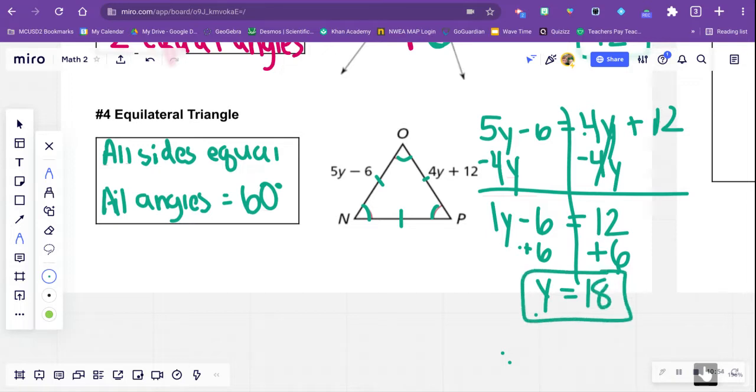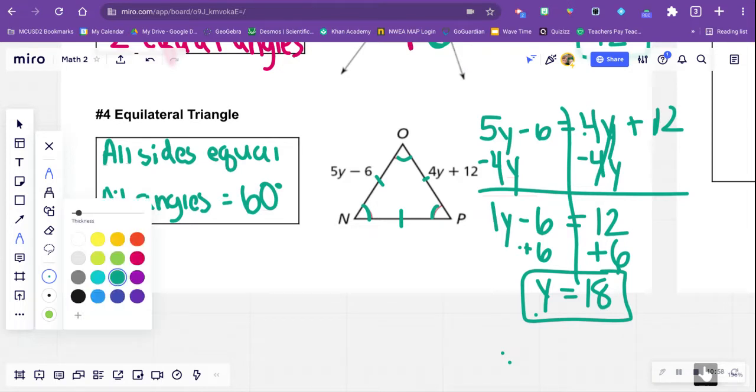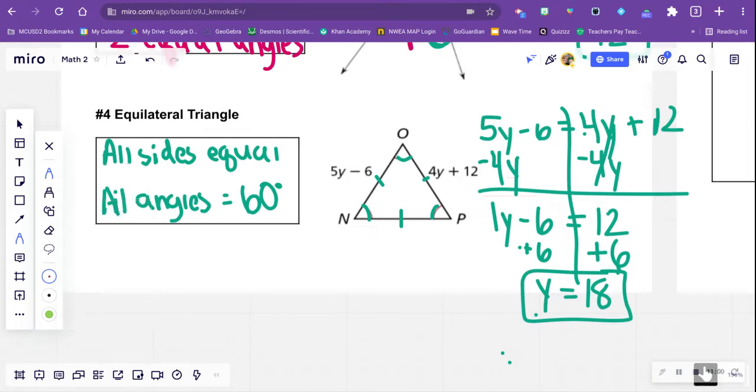I could also plug that back in, so I can notice, oh, well, now I know y is 18, so I can figure out how long it is from point P to point O by just plugging that 18 back in. So 4 times 18 plus 12. So 4 times 8 is 32.